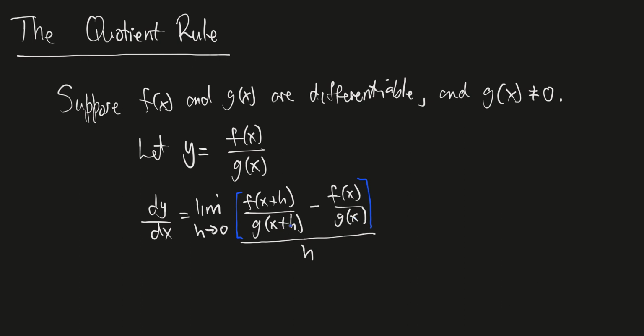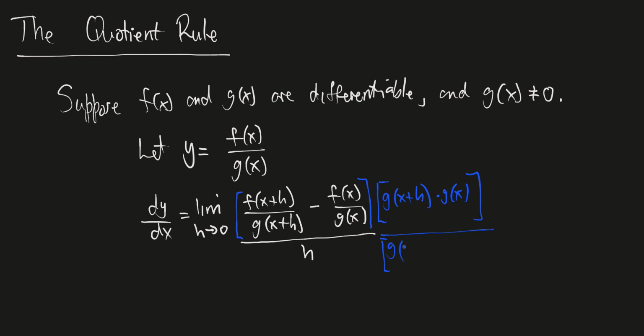And the lowest common denominator here would be the quantity, well, g of x plus h times g of x. So I'm going to use that to multiply the top. But if I do that, I also have to multiply the bottom. So I'll have to put the same quantity down here.